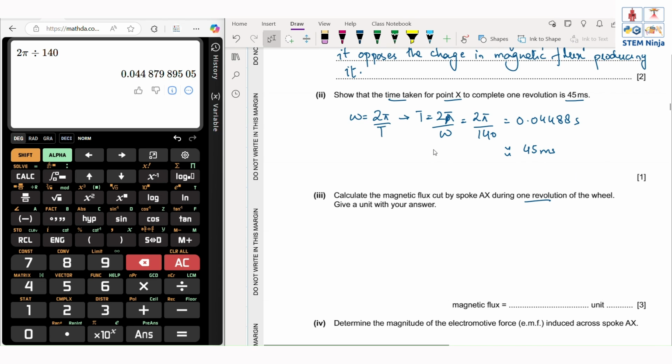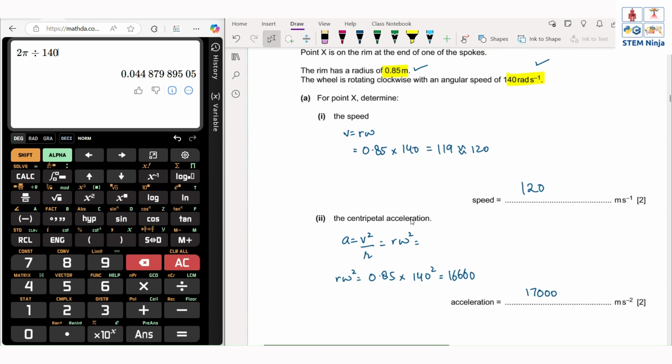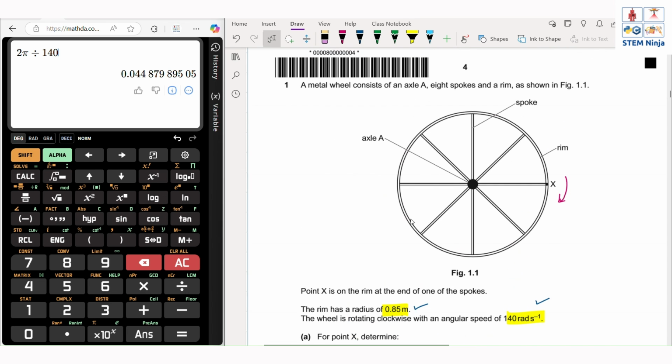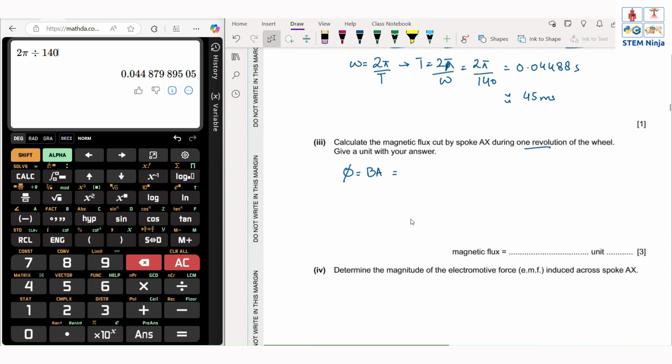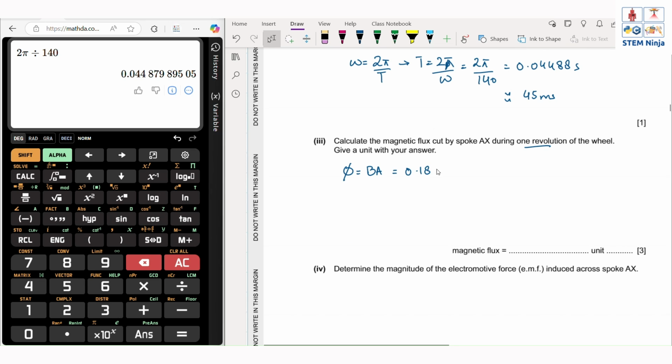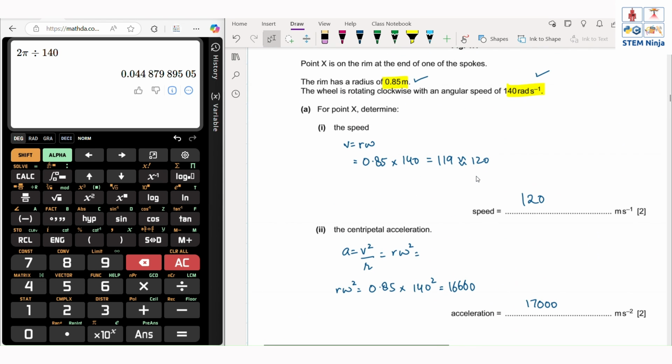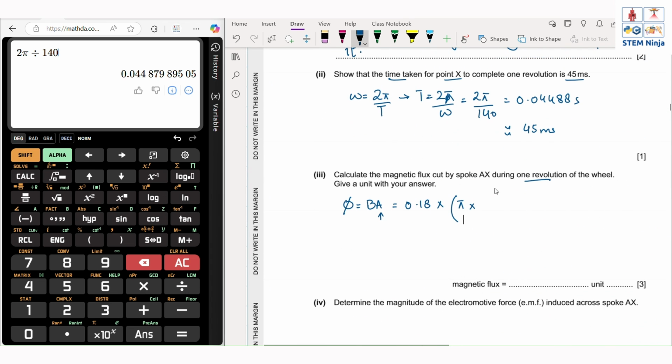Okay, so magnetic flux is phi equals BA. The magnetic flux density is given to us as 0.180 Tesla, and the cross-sectional area is given by pi r squared, with the radius given as 0.85.